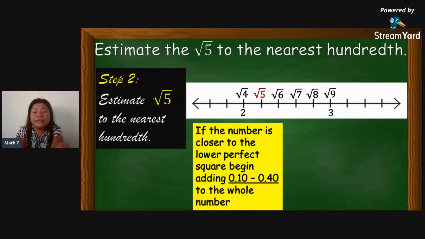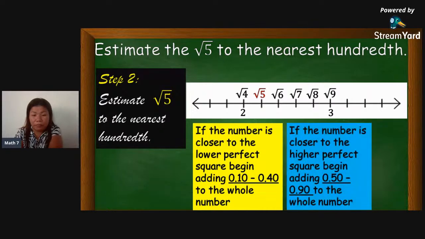That is square root of 4. So, mag-a-add tayo dyan ng 0.10 to 0.40. At kapag naman mas malapit siya sa higher perfect square, you have to add 0.50 to 0.90. Ulitin ko, saan malapit ang square root of 5? Sa square root of 4 or sa square root of 9? The correct answer is square root of 4.